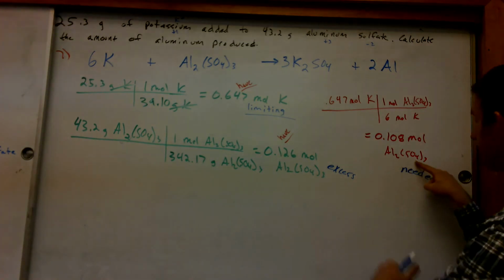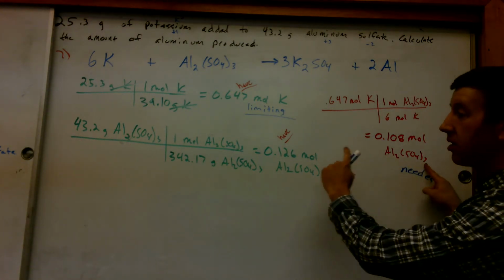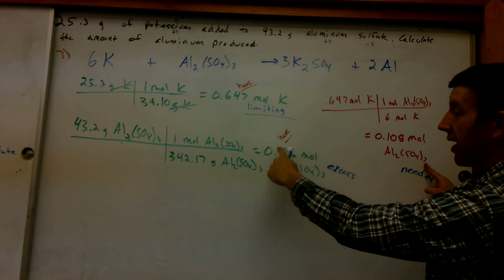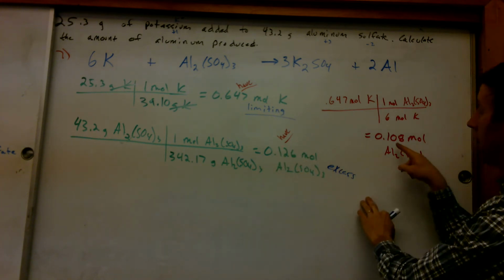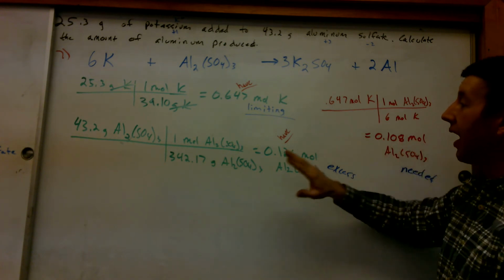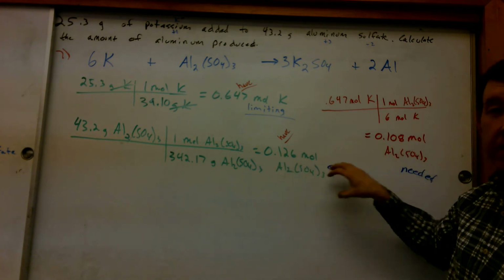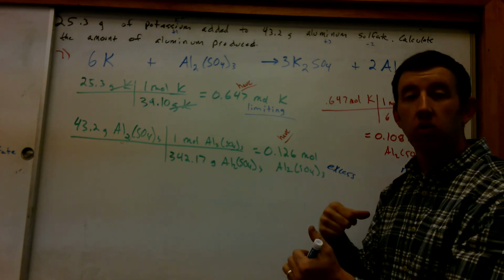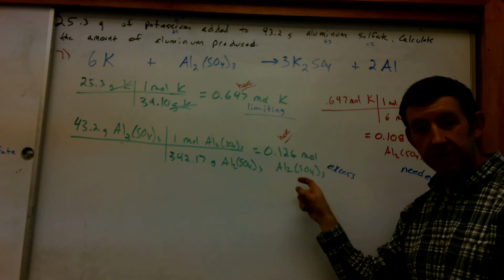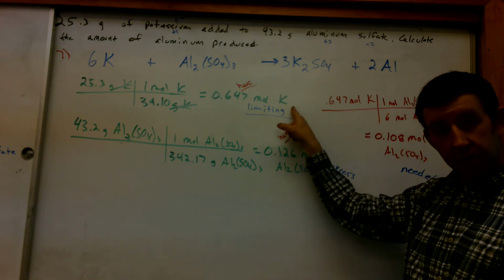How much aluminum sulfate do I have? 0.126 moles. How much do I need? 0.108 moles. I have more than I need, so this is excess. If this is excess, this one is limiting.